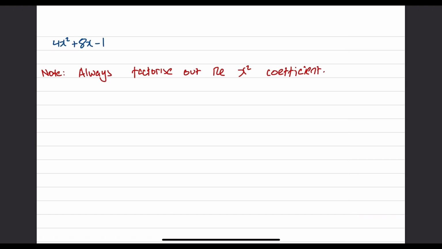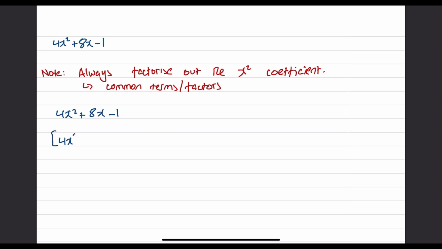And of course we do that by common terms or factors. So let's follow the first step we did in the previous example, which is to first isolate the x terms into parentheses.